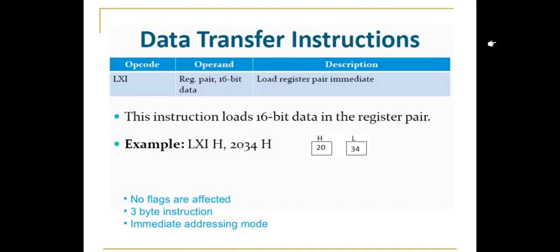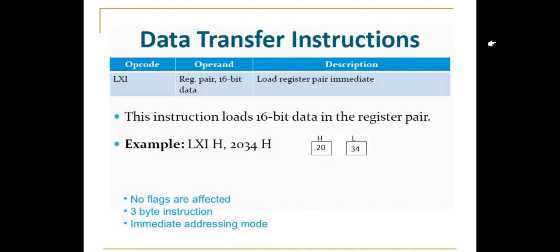So what will happen here? I told you earlier that the data can be split into two. Take 20 on one side and 34 on the other side, and that will be stored in the HL register automatically.